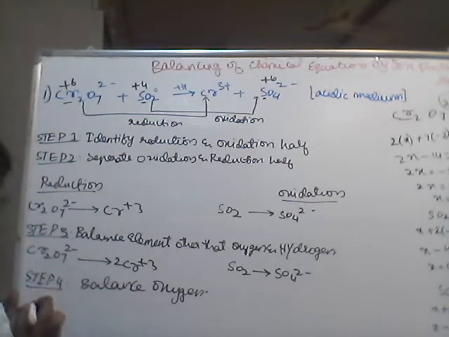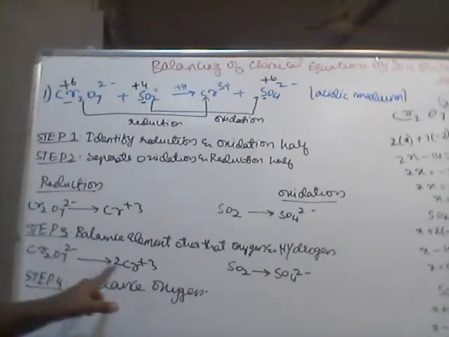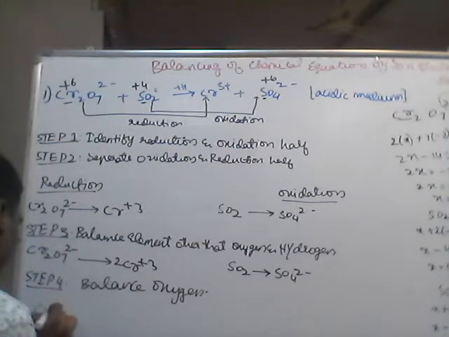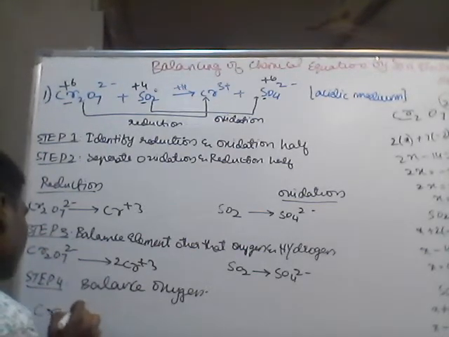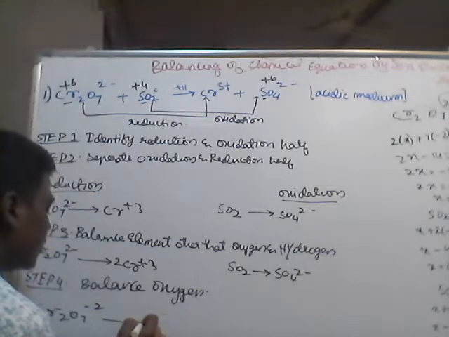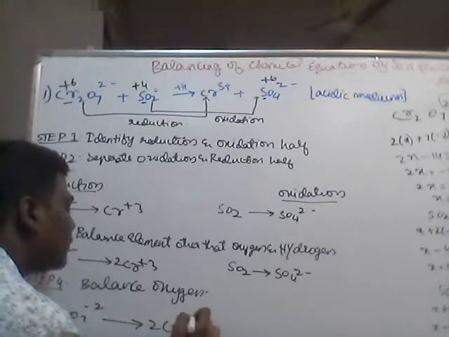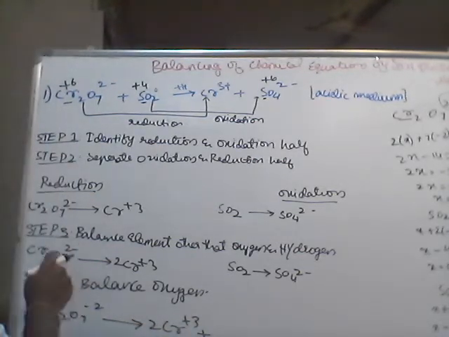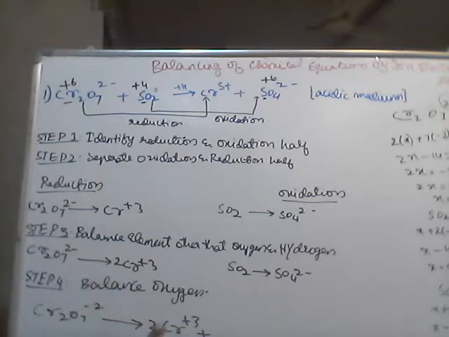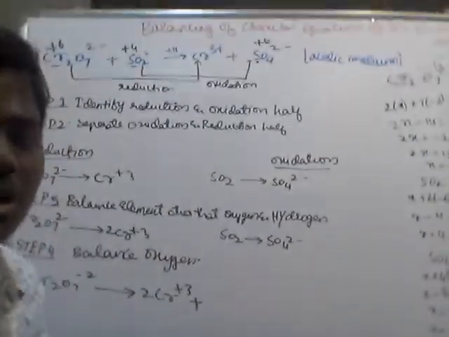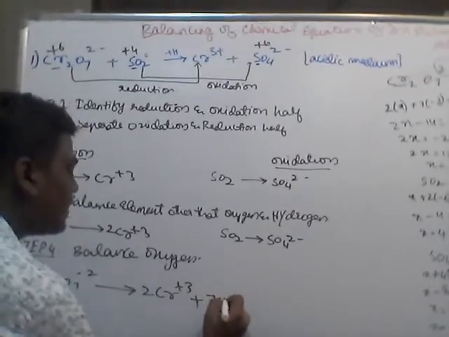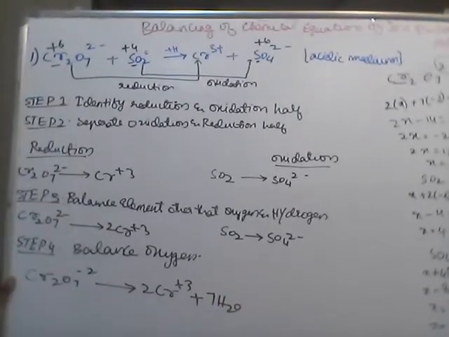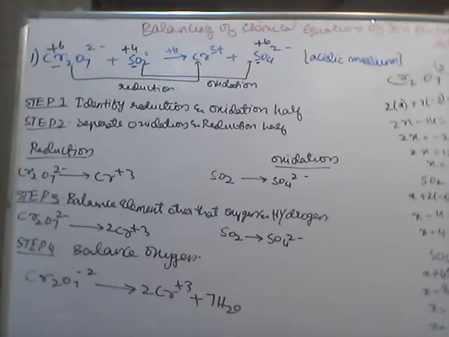Now here I have Cr2O7 2 minus, changing to 2Cr plus 3, and here no oxygen is present, so 7 oxygens are lacking on the product side. So I will add 7 H2O molecules. Done. This balances oxygen.